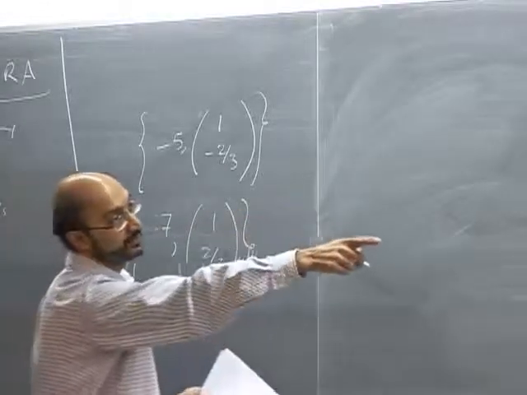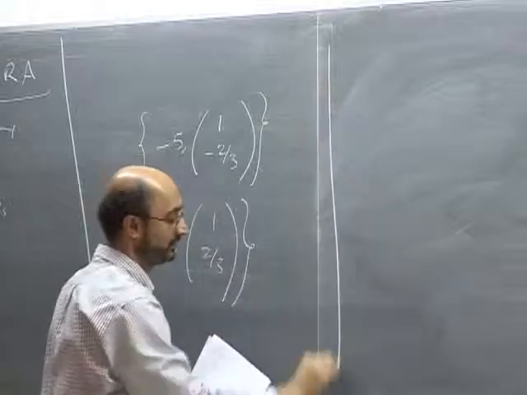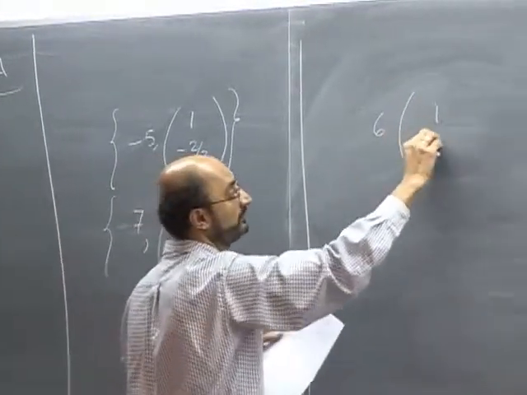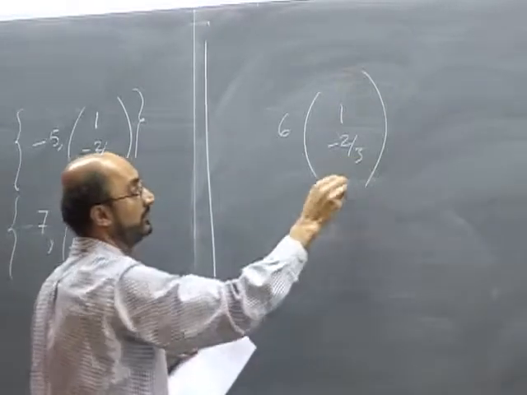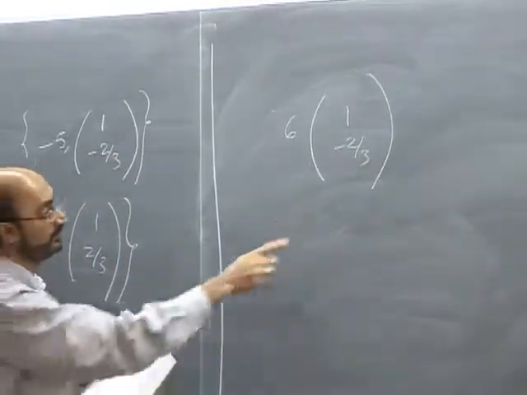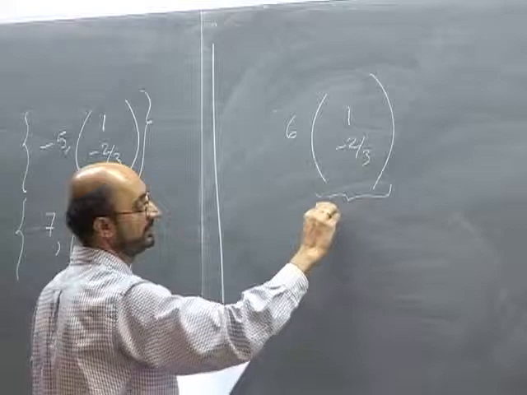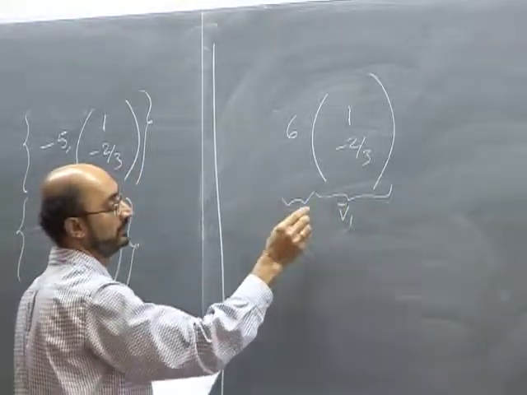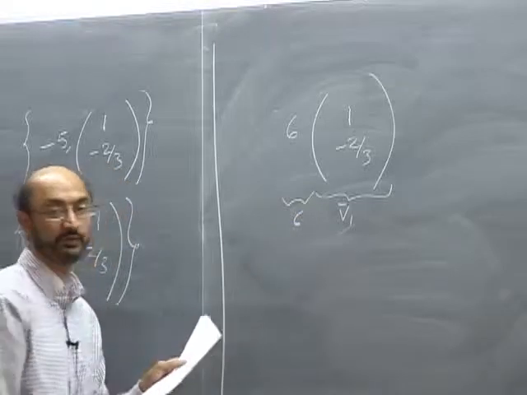So we see right away that this vector is nothing more than 6 times (1, -2/3). This is basically what I've been writing as V1, and this is the constant 6, so it's 6V1.